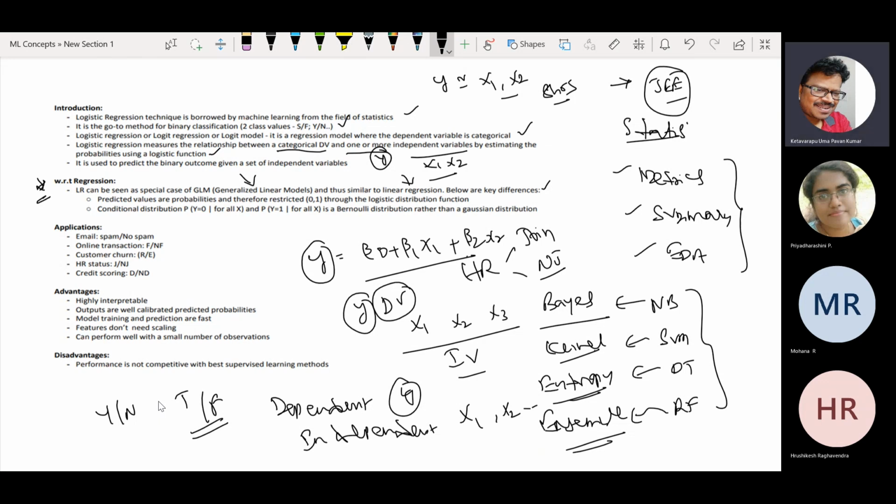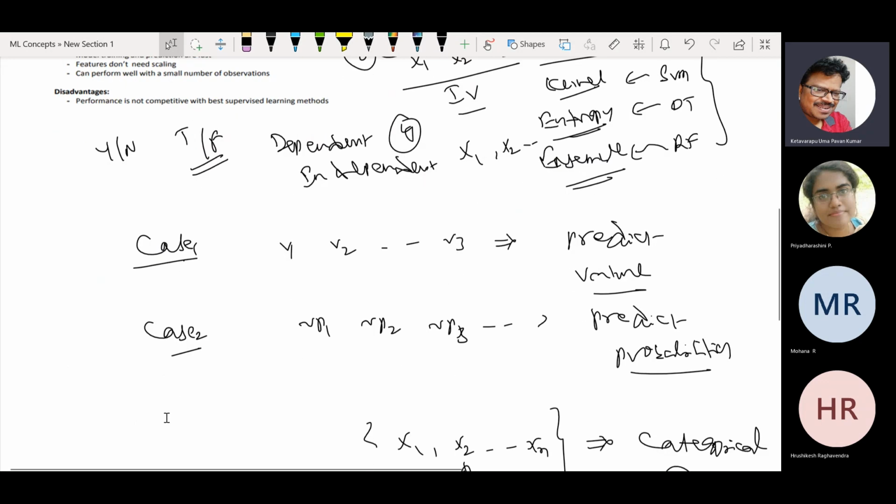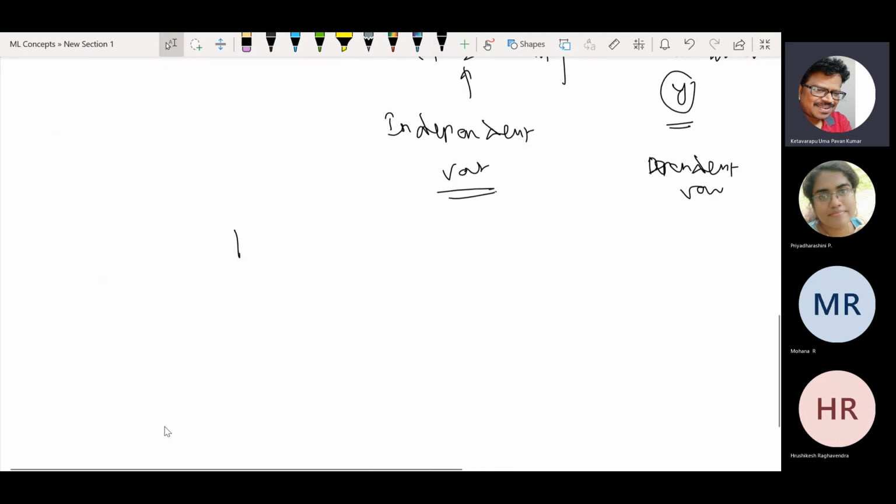So the predicted values are probabilities and therefore restricted through the logistic distribution function. Friends, a little bit of probability specification. Just refer to the probability of occurring and the probability of non-occurring.